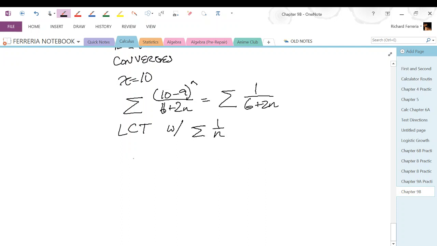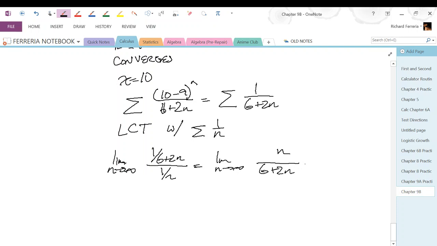Okay, so let's compare this. We need the limit as n approaches infinity of 1 over 6 plus 2n on top of 1 over n. That's equal to the limit as n approaches infinity of n on top of 6 plus 2n. Now, I expect that you can look at that limit and know that it's 1/2.